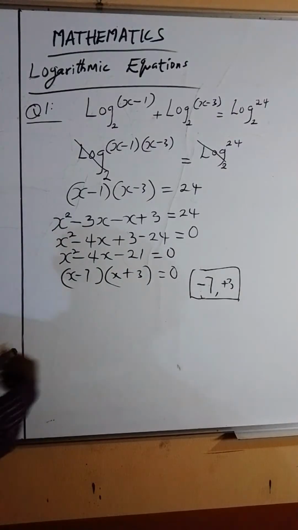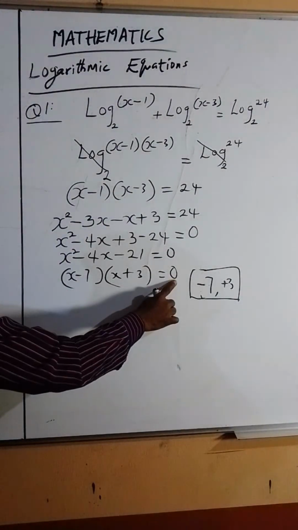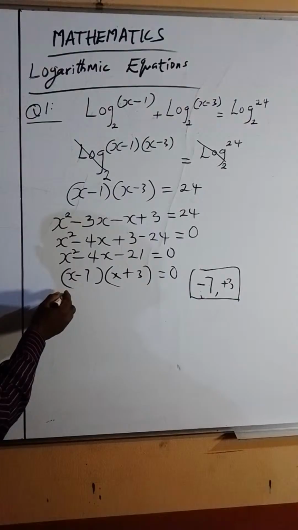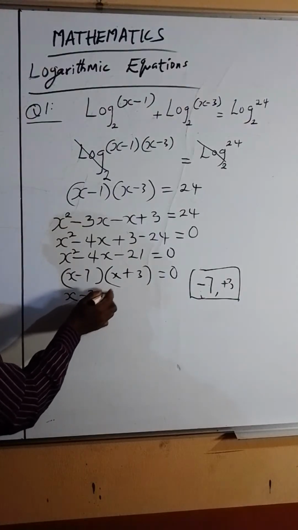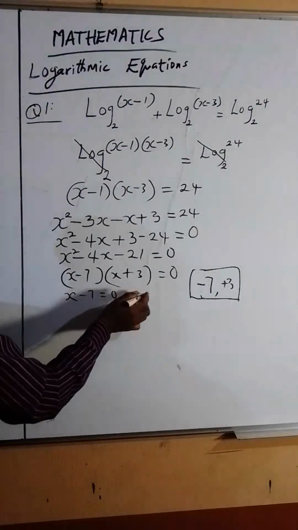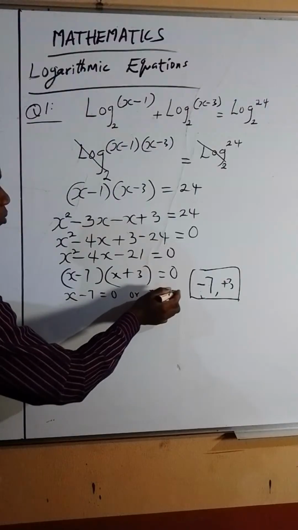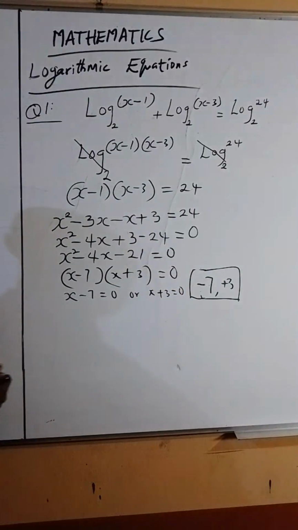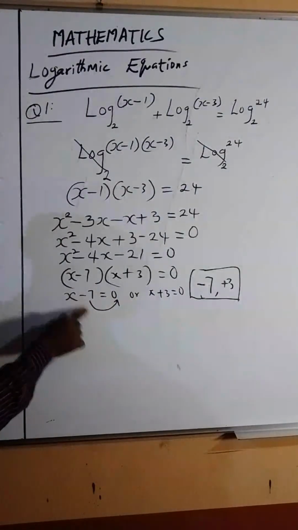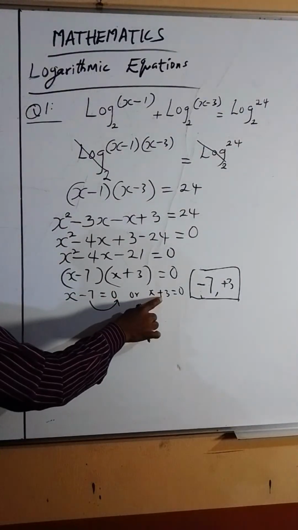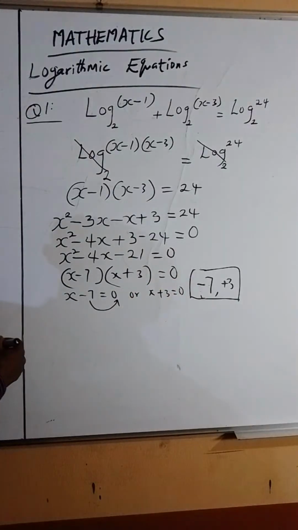The next phase is to equate each of these expressions to 0. What it means is that we have x minus 7 equal to 0, or we have x plus 3 equal to 0. Now we can shift this one here. Take minus 7 to the right hand side, and also take plus 3 to the right hand side.